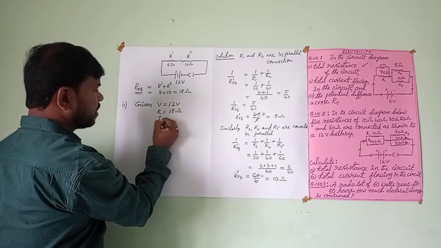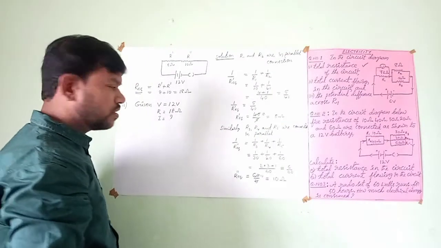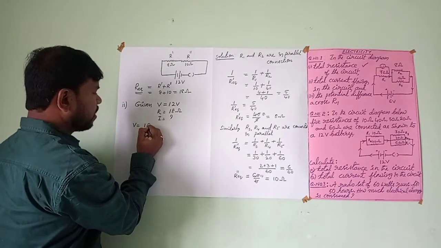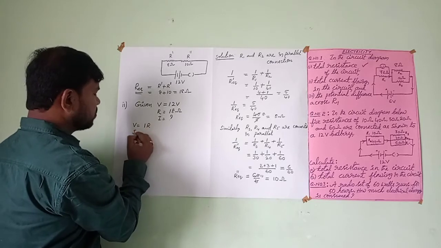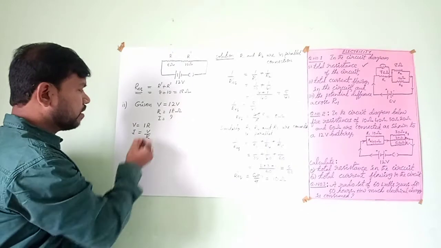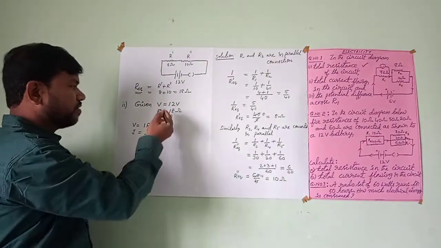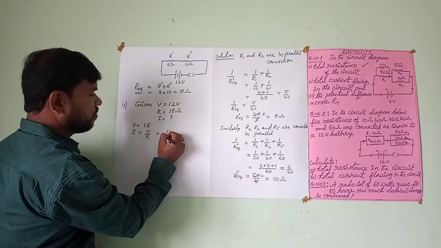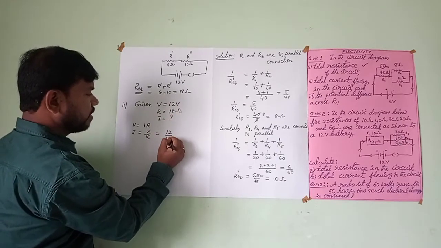What is the electric current I? According to Ohm's law, V is equal to IR, so I is equal to V by R. Now I am substituting the V value and R value: 12 volts by 18 ohms.